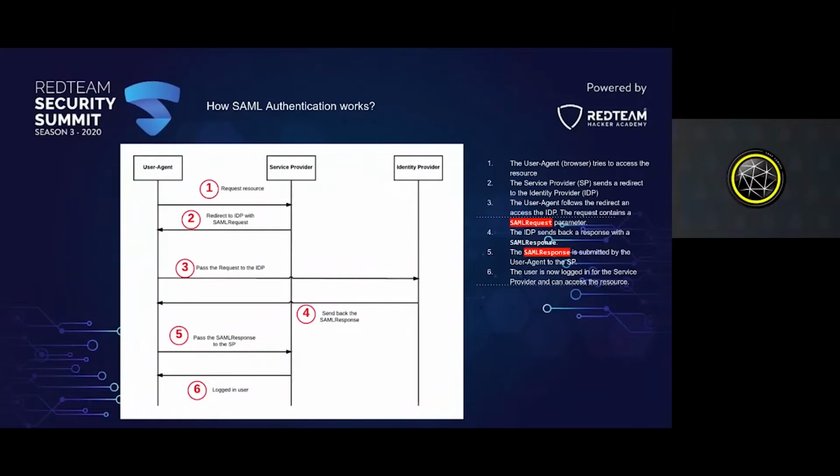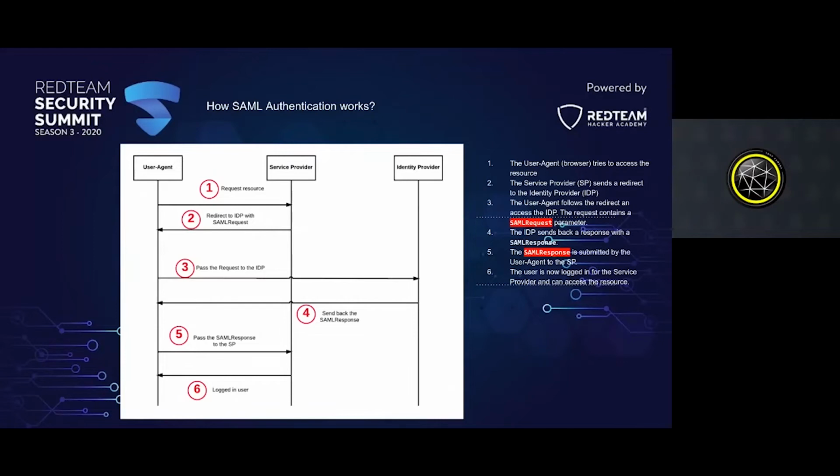So it sends a redirect to the IDP with the SAML request, via our user agent, the browser. The user agent follows the redirect and goes to the identity provider with the SAML request. And the identity provider evaluates the SAML request and sends back the SAML response.